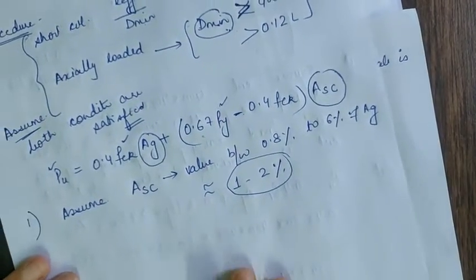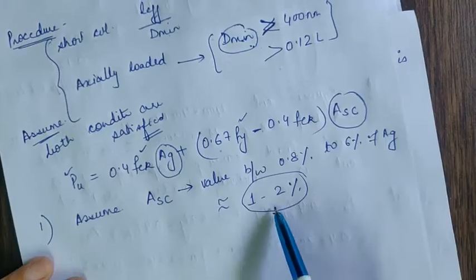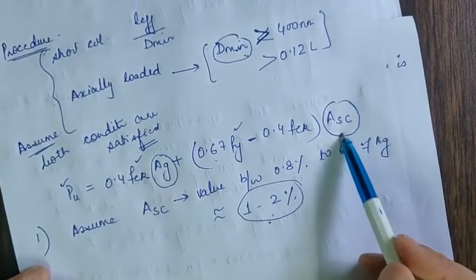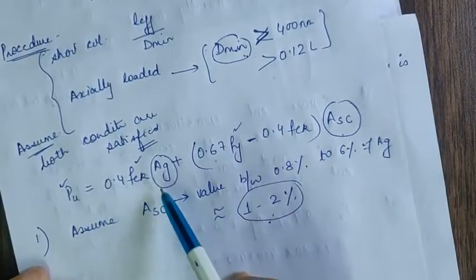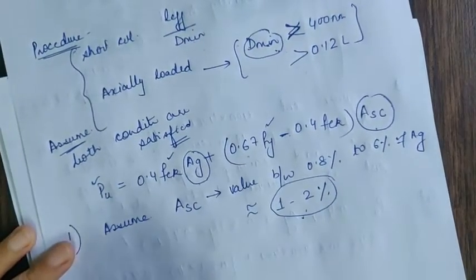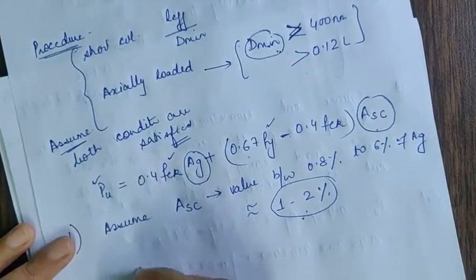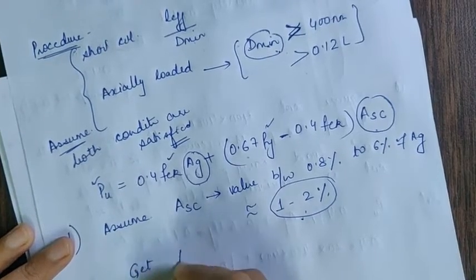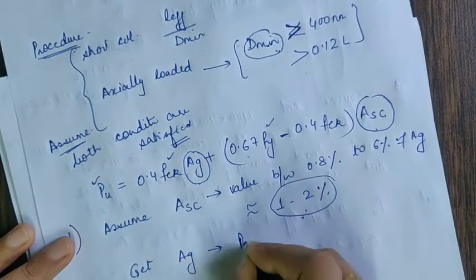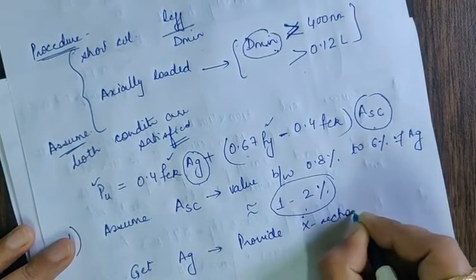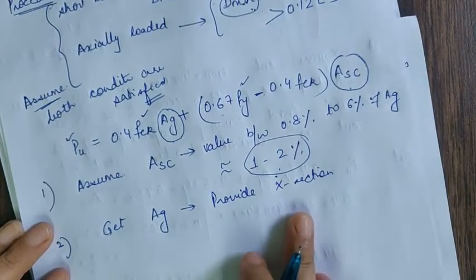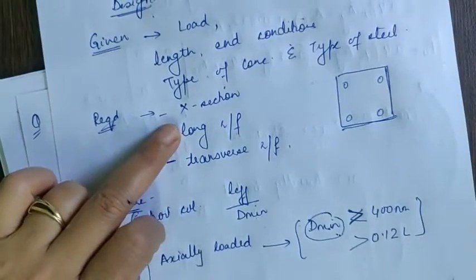So this is the value I'll assume for Asc; I'll write Asc in terms of Ag. Then I'll use this formula to get Ag. So the second part is, by using this formula, get Ag and provide the cross section. Your first step is over.